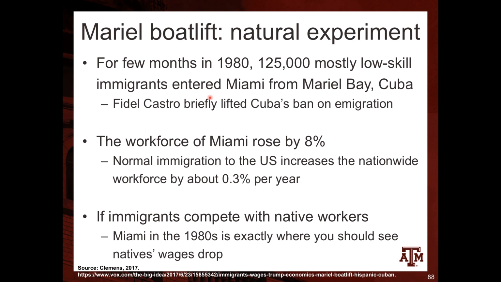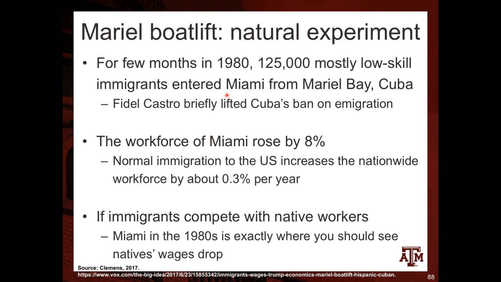So the idea is, if immigrants compete with native workers, Miami in the 1980s is exactly where you should see negative effects on natives' earnings. You would see natives' wages drop exactly because of this huge increase in the number of low-skilled immigrants coming to this specific city.